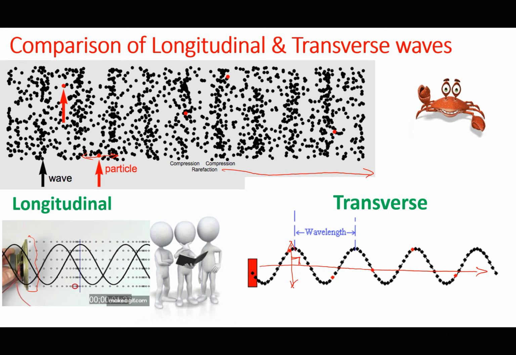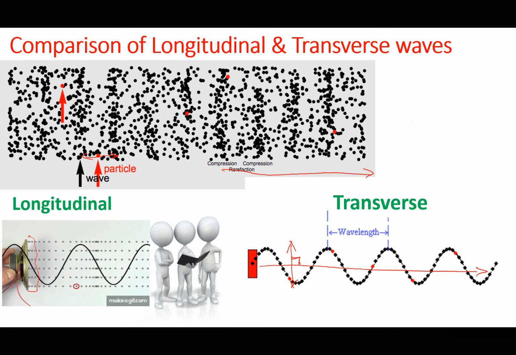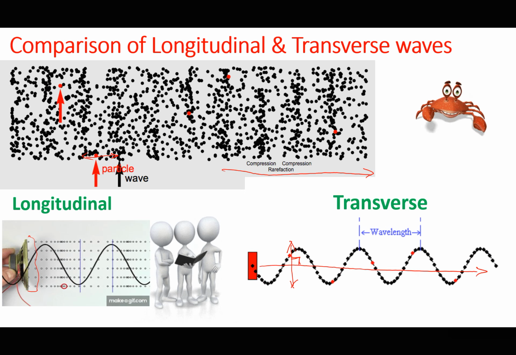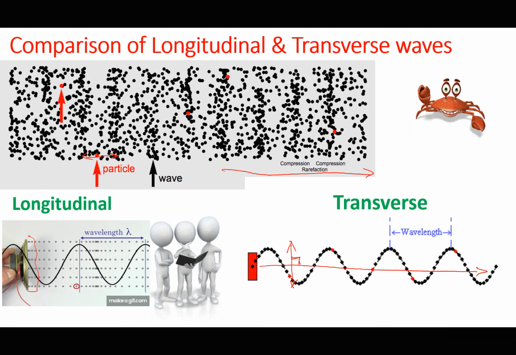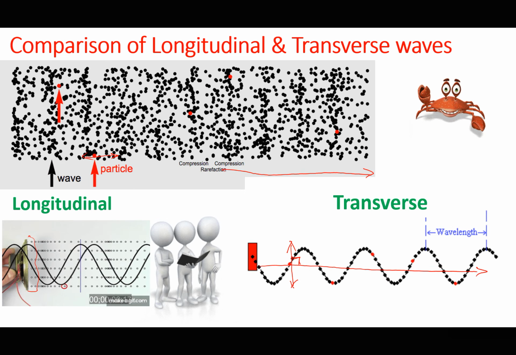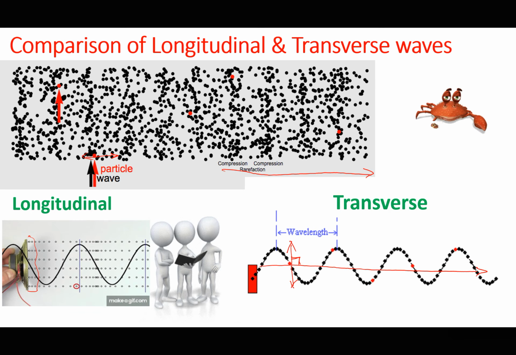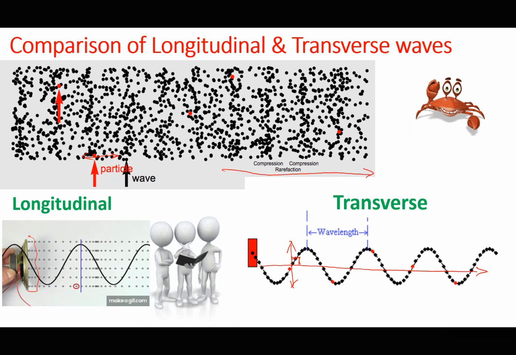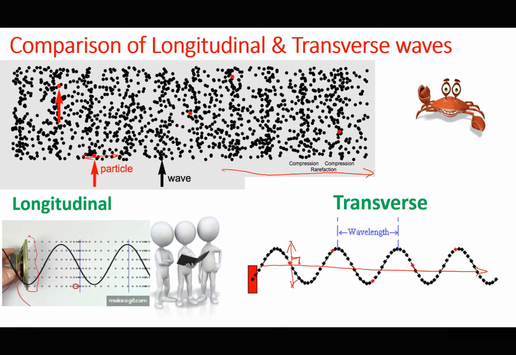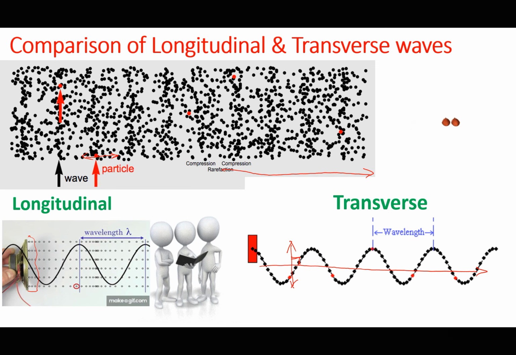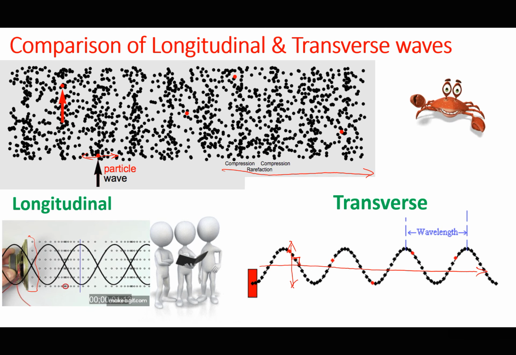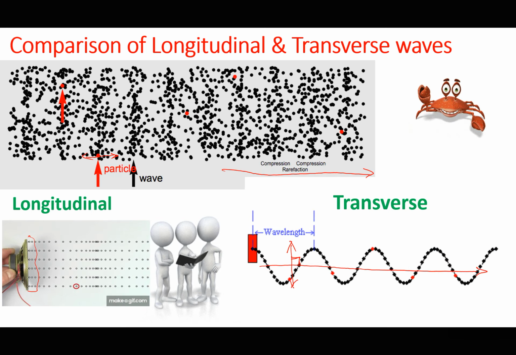So because it is moving in and out, it is causing the air molecules around the loudspeaker to compress and stretch out as the compressions and rarefactions propagate through the air up to your ear so that you can listen to the sound. So that is the summarized comparison between longitudinal and transverse waves.